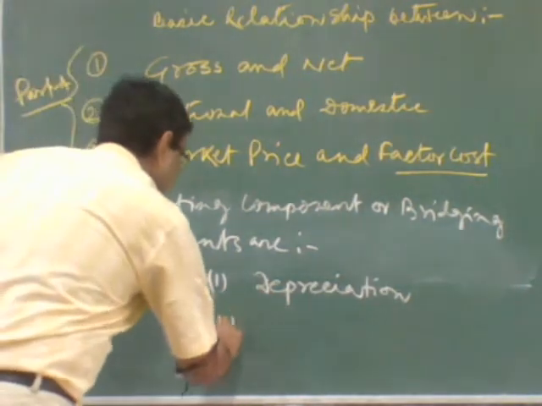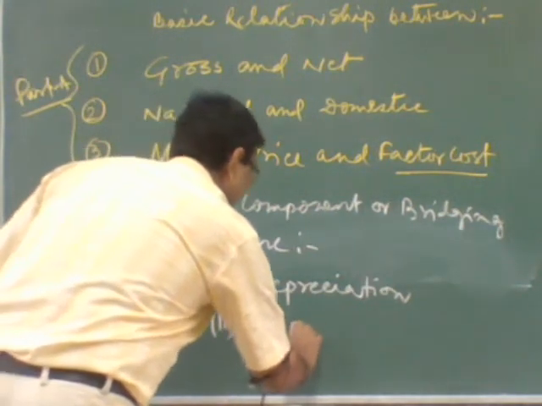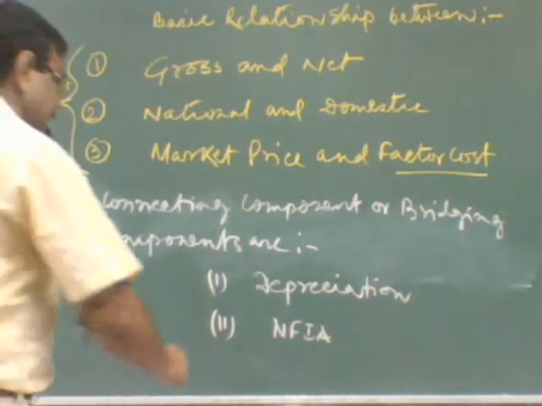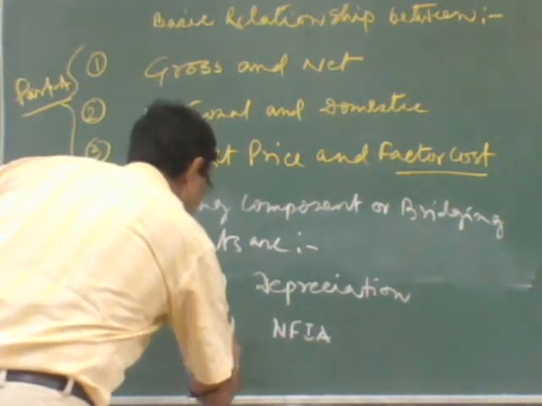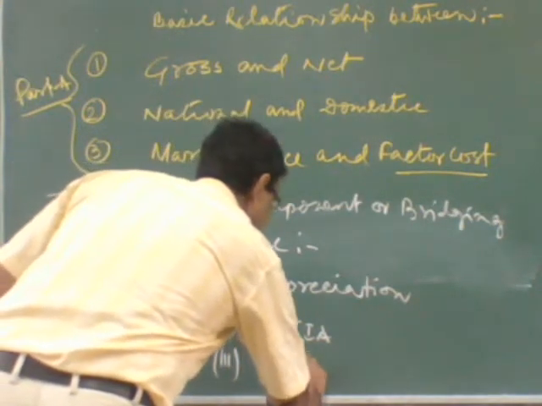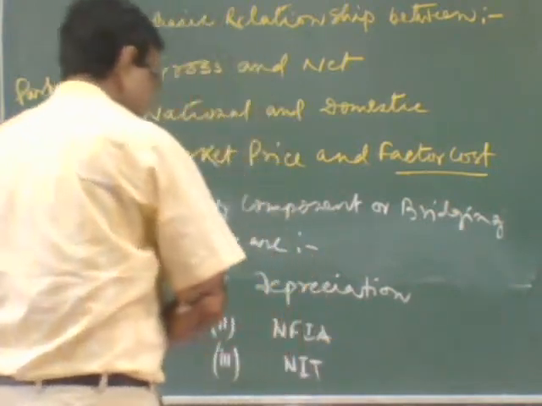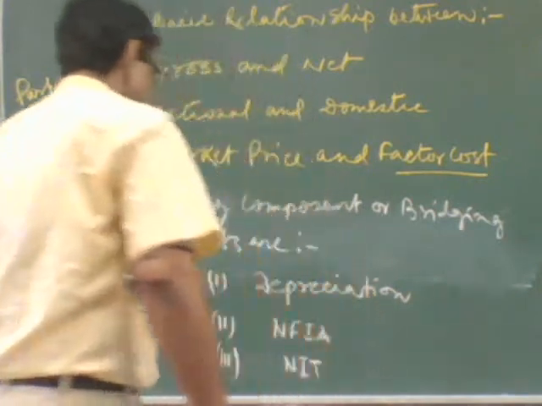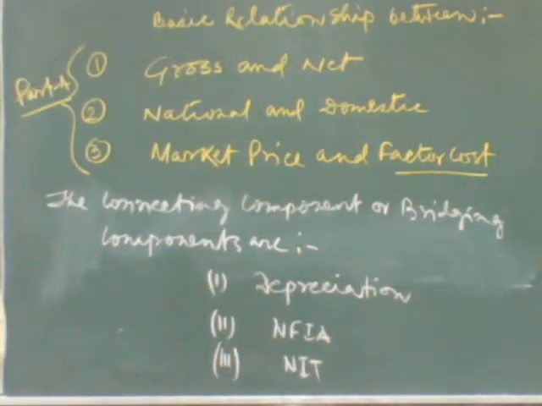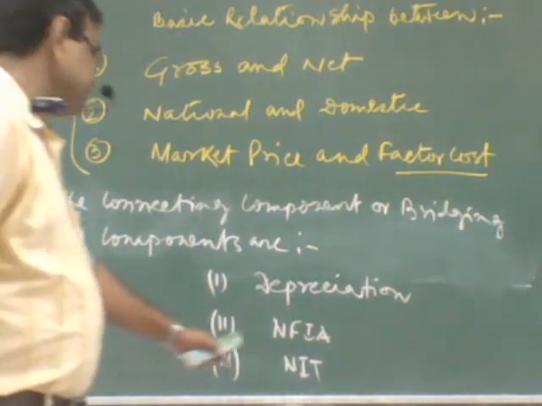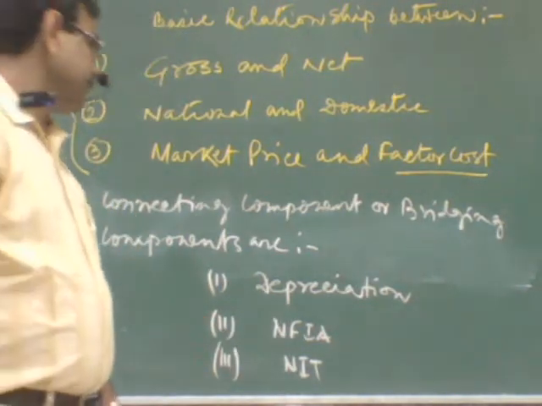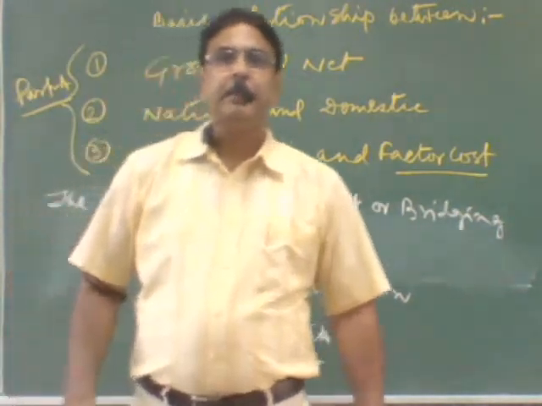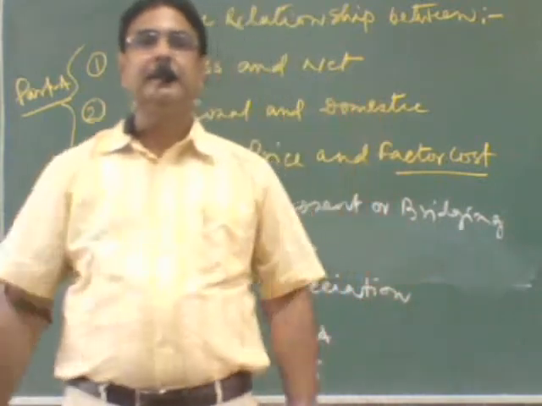Number two, NFIA, net factor income from abroad. And number three, NIT. NIT means net indirect tax, that is indirect tax minus subsidy. And NFIA means factor income from abroad minus factor income to abroad.